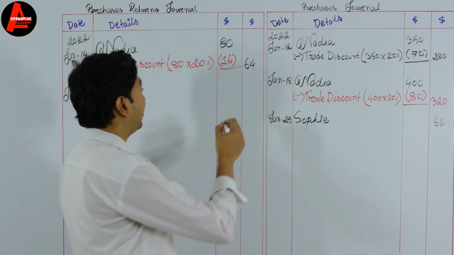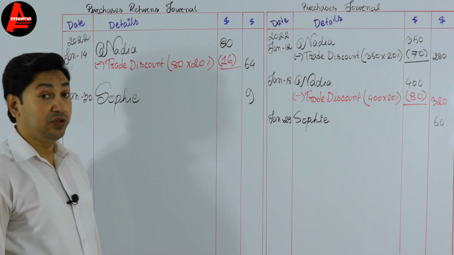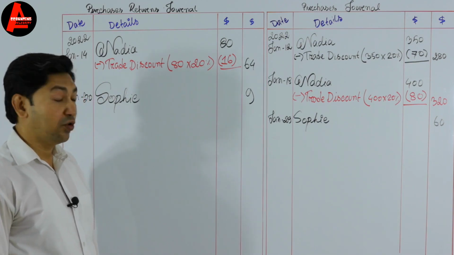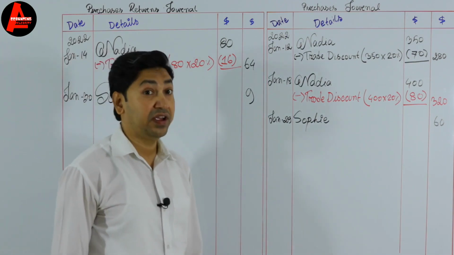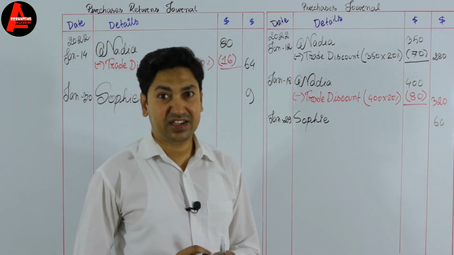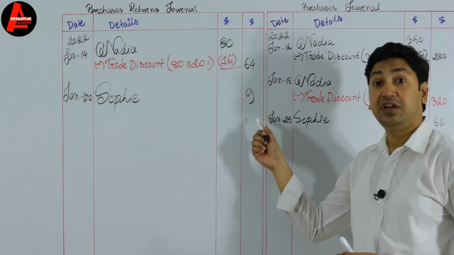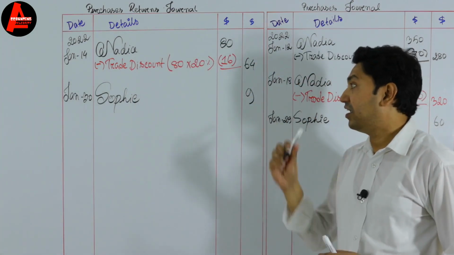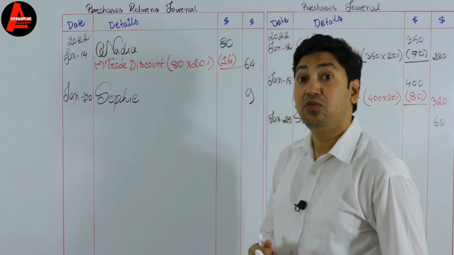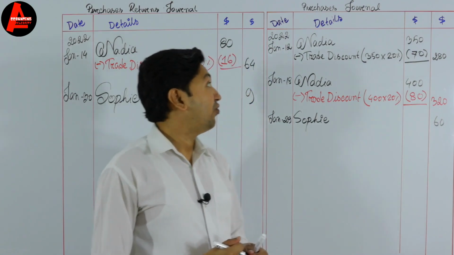It is $9, right? Same here, we have no trade discount because Sophie does not allow trade discount. Directly we will write this amount in the outer dollar column. So we have listed all the transactions.